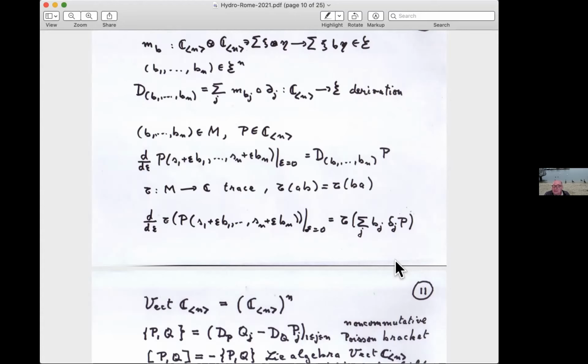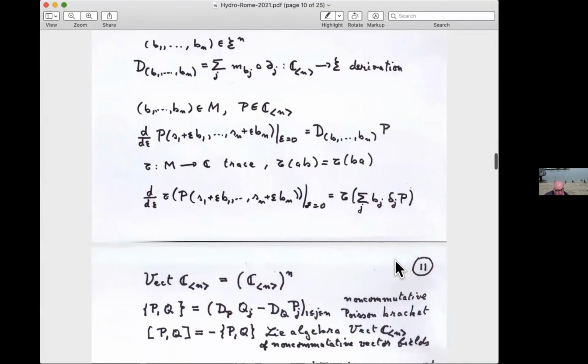It will be called the cyclic gradient, and will play an important role in what I have to say about Euler equations.